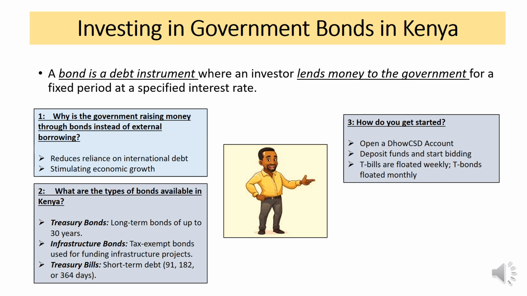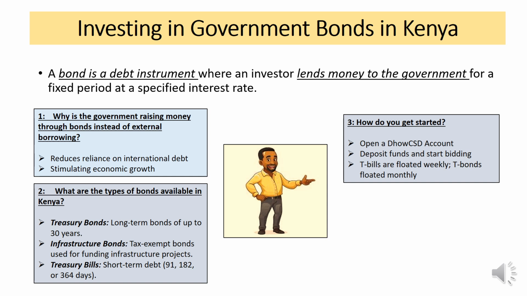Also, once you are logged in, you will see a pattern: the treasury bills, which we call T bills, are floated weekly, meaning every week when you go to your DhowCSD account, you will find a new T bill floated, and you just bid on it. If you prefer T bonds, which are treasury bonds, they are floated monthly.